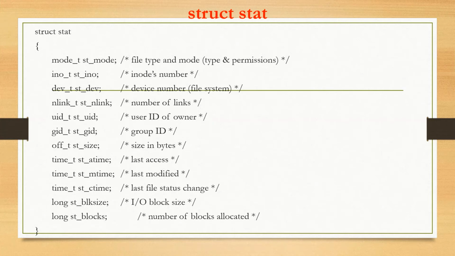The return value of both functions is 0 if they succeed, otherwise -1 if they fail. Possible failures are that the given file path name or file descriptor is invalid, the calling process lacks permission to access the file, or the function is interrupted by a signal.